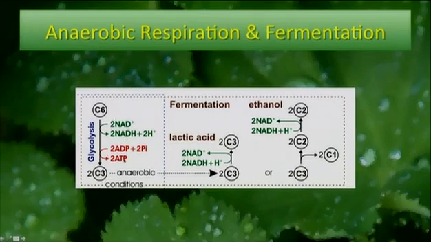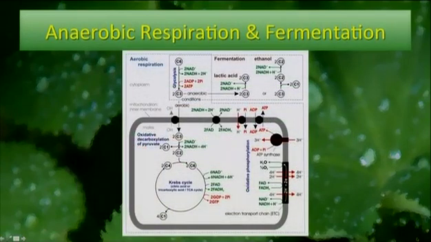It also makes 2 ATP. Lactic acid fermentation allows the regeneration of NAD plus, and alcoholic fermentation also allows the regeneration of NAD plus, so then it goes back to glycolysis and does it all over again. Remember that anaerobic respiration and fermentation yield only 2 ATP.